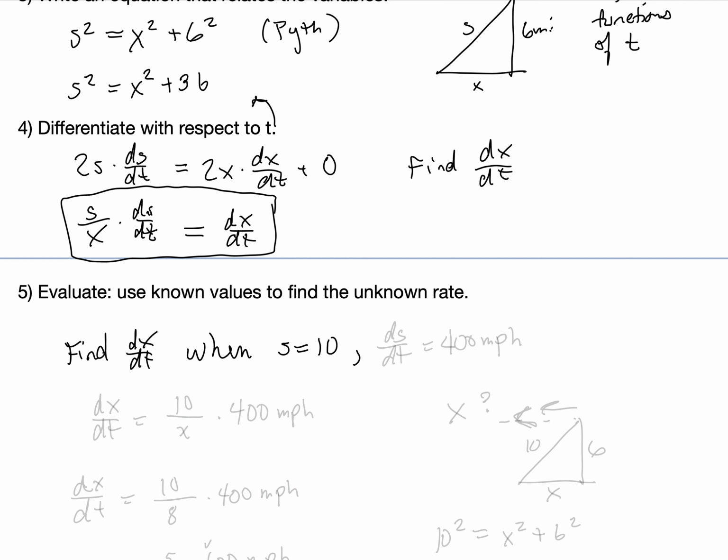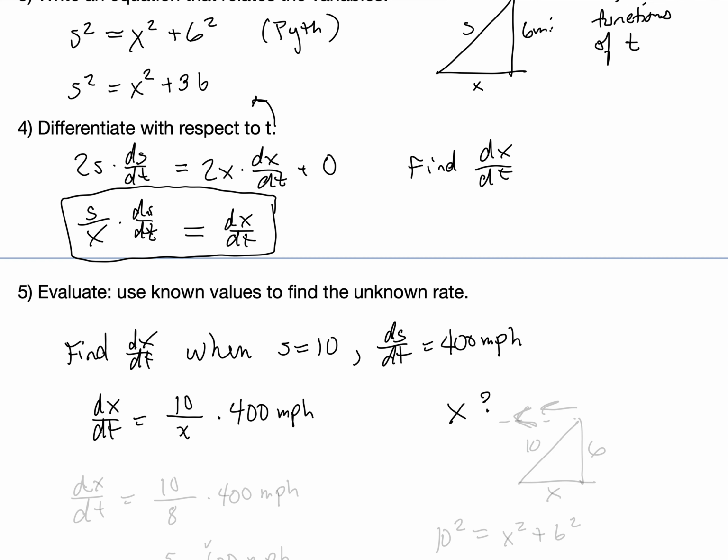And we know that at that point, ds/dt, which the radar tracking station is able to tell us, how fast the distance between the station and the plane is changing, was 400 miles per hour. So that means that dx/dt at that particular moment in time is s, that's 10, over x, whatever that is, multiplied by 400 miles per hour. We still need to figure out what x is.